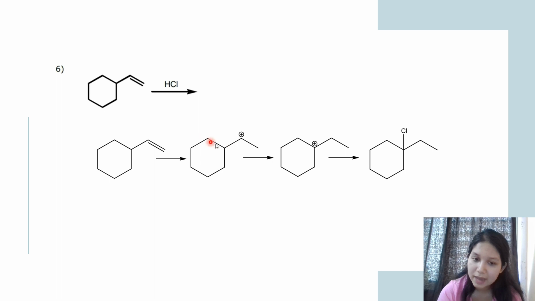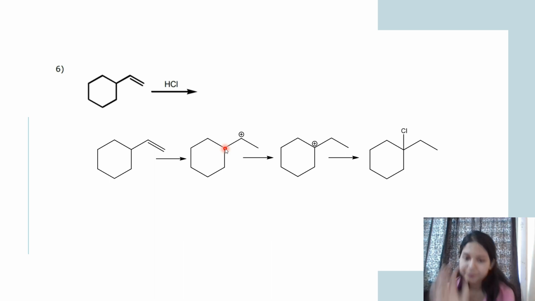It has this alkyl substituent, this alkyl substituent and one hydrogen here. So what happens in this reaction sequence? You get a hydrogen shift from this carbon to this carbocation, leading to the formation of a more stable carbocation, which is a tertiary one.